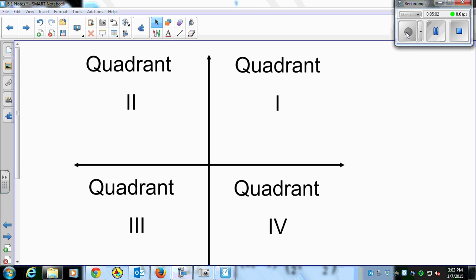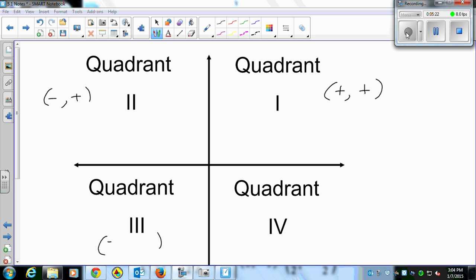So next we have to remind ourselves of our quadrants when we split up our Cartesian plane. Quadrant 1 is when we have a positive x value and a positive y value. Quadrant 2 is when we have a negative x value and a positive y value. Quadrant 3 is both negative x and negative y.